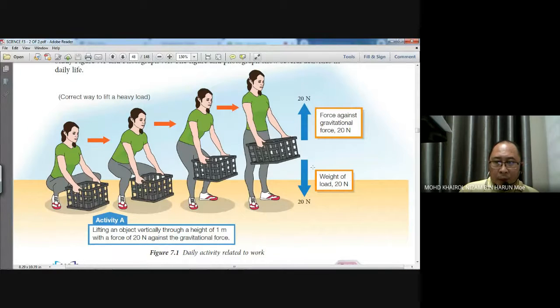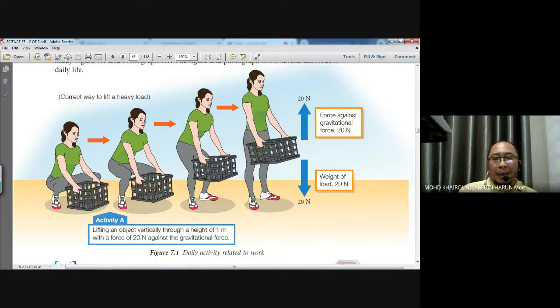The weight of the load of this object is 20 Newton. So when this woman lifts an object vertically through a height of 1 meter, the distance from the floor to the maximum lift is 1 meter, we can say that work is done by this woman.